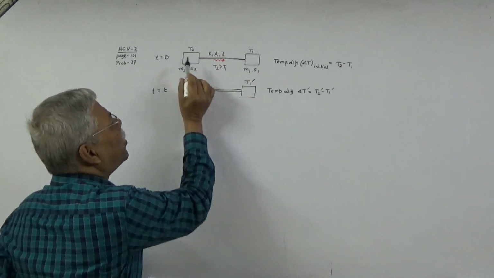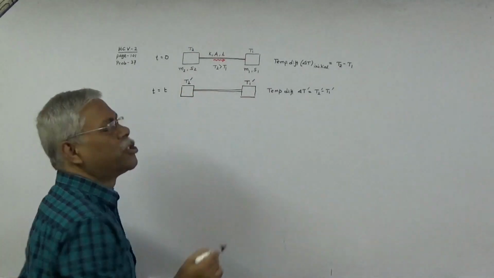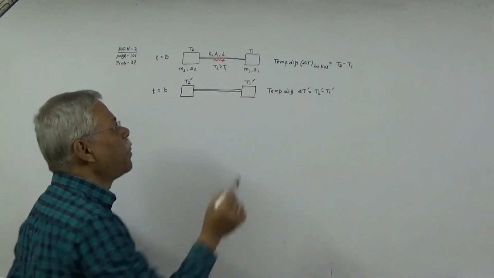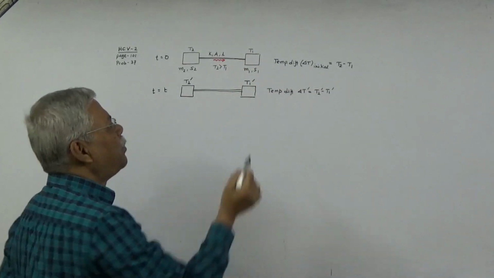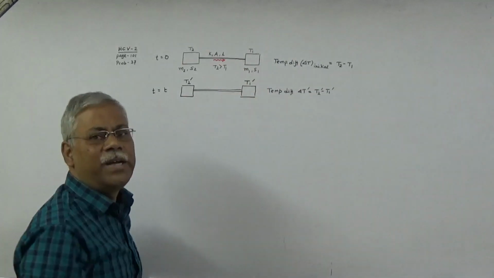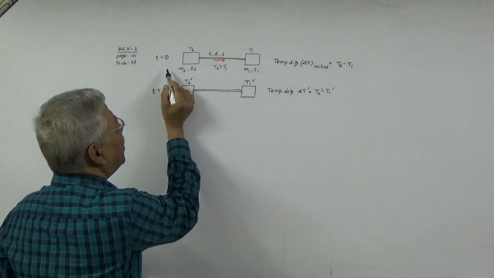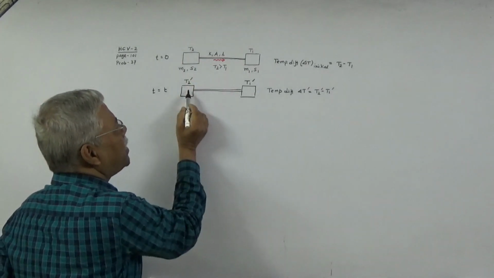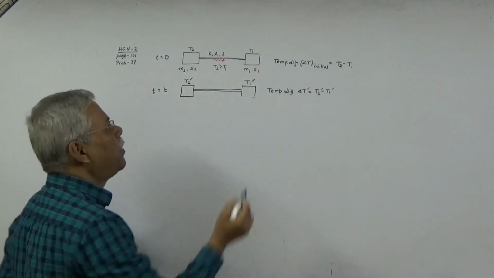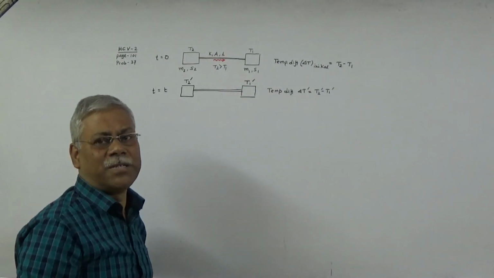As a result, this body is losing heat, and because of that the temperature of this body is dropping, while at the same time the other body is receiving heat, and because of that the temperature of this body is increasing. At some instant t seconds after the start, the temperature of this body has dropped to T2 dash and the temperature of this body has gone up to T1 dash.